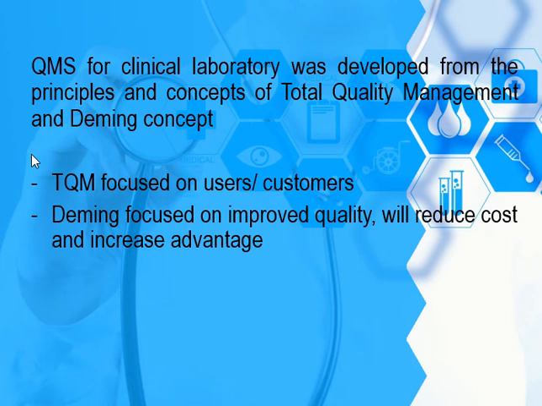So, quality management system for clinical laboratory was developed from the principles and concept of total quality management and Deming concept, which is TQM focus on users or customers, and Deming focus on improved quality that will reduce cost and increase advantage.